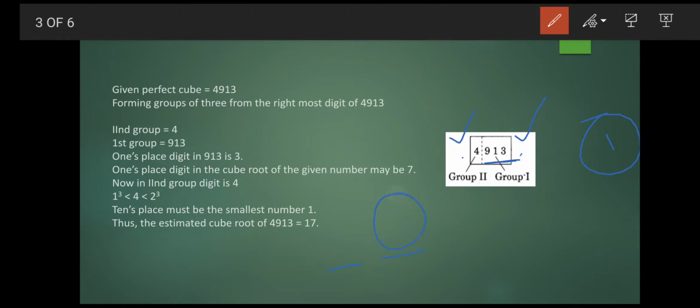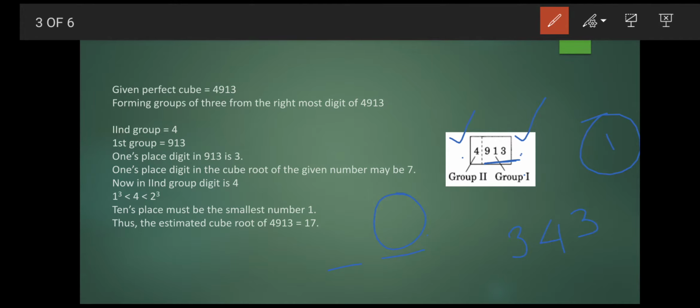So now think, the cube of which number gives 3 at one's place? And if you can't do it directly, then for a moment you can take that cube and cube roots chart and check in that. Okay, you will get it in 7. 7 sevens are 49 and 49 sevens are 343.